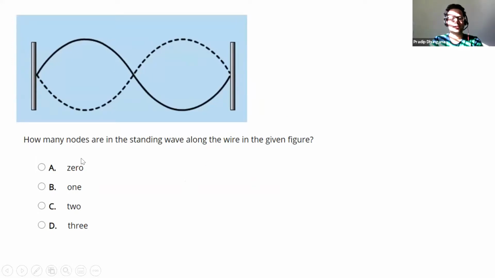Now think about this question. We talked about nodes and antinodes. Nodes are the points or positions where the displacement is zero, and at antinodes, the displacement is maximum.